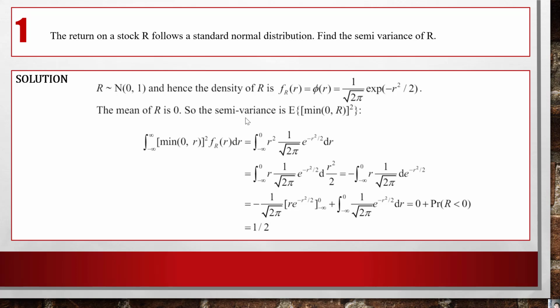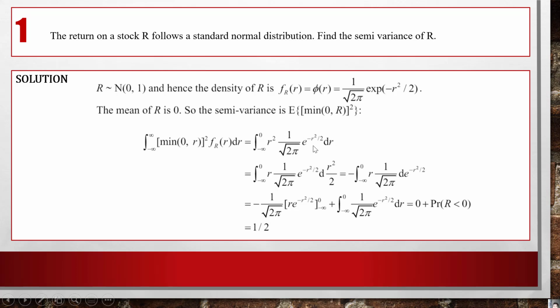That's why we narrow the integration to negative infinity to 0 instead of infinity, because from 0 to infinity we got positive deviation and they disappear. So now we got a new integral from negative infinity to 0 of R squared times 1 over square root of 2 pi times e to the negative R squared over 2 dR. This is the standard normal distribution density function.